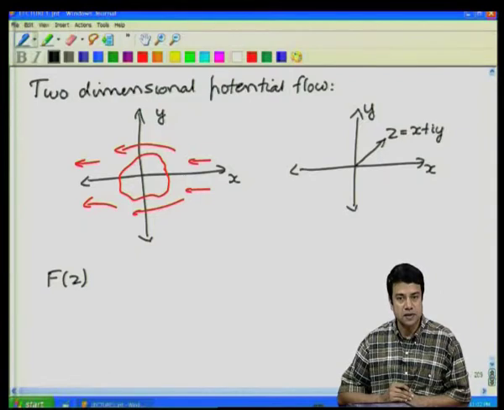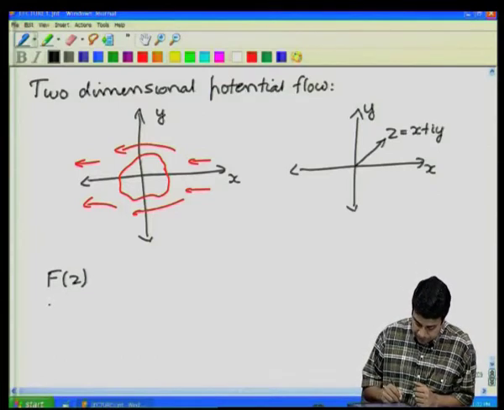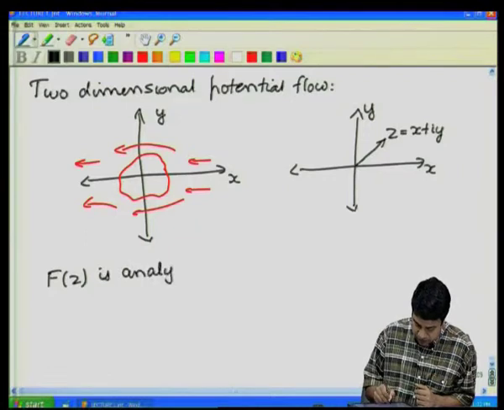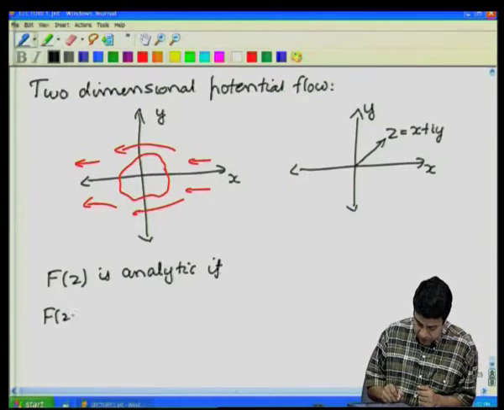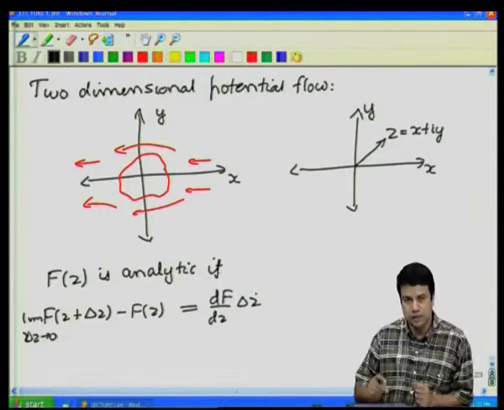This function is considered analytic if I can write f at z plus delta z minus f at z, in the limit as delta z goes to 0, as df by dz times delta z.